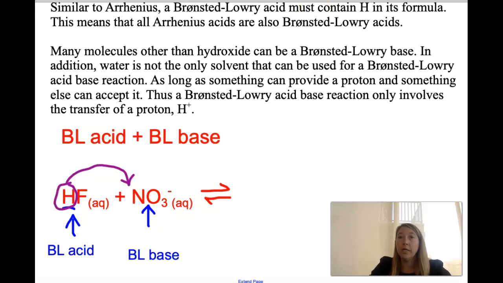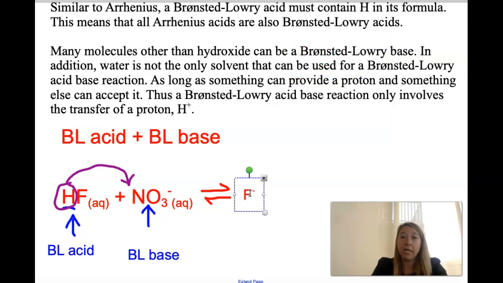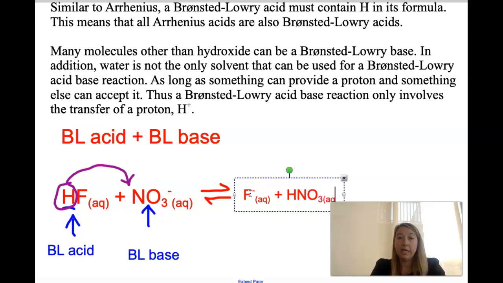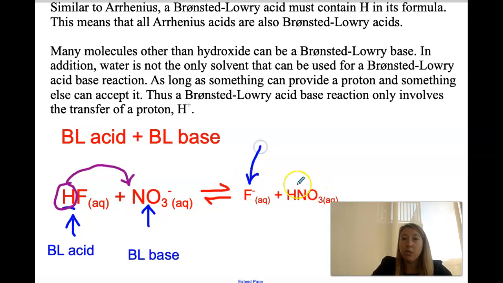So product-wise, we are going to create an F minus, because it lost the hydrogen, along with HNO3, because it gained that hydrogen. We also have names for these products. We tend to call them conjugates. Bronsted-Lowrys are usually the reactants, and conjugates are what we talk about on the product side. So this is a conjugate, and this is also a conjugate.